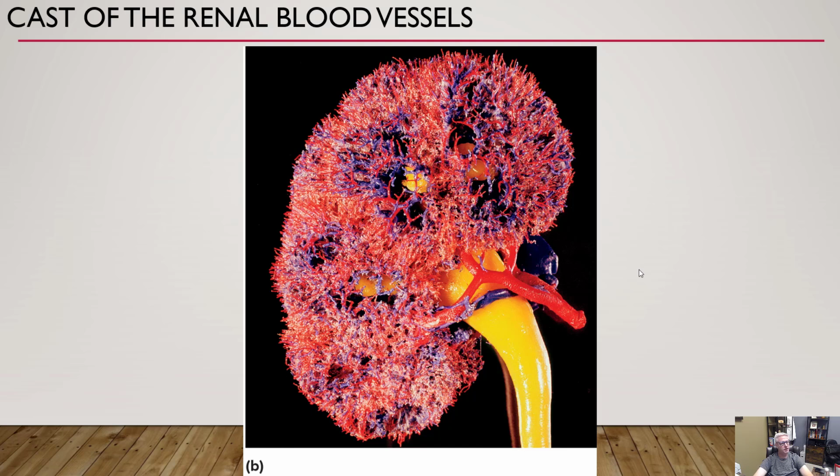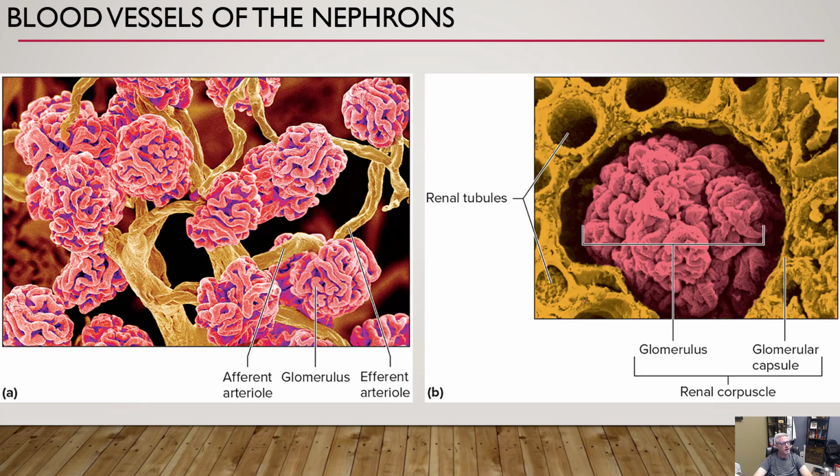So you can see how this is just like the blood supply of the kidney. It's called a cast. Basically what they did when they created this model is they just dumped a bunch of dye into the renal artery and then let it sit for a little bit, and this is the end result. So you can see how the blood supply of the kidney is very vast. Now, here you can see all of these little bundles.